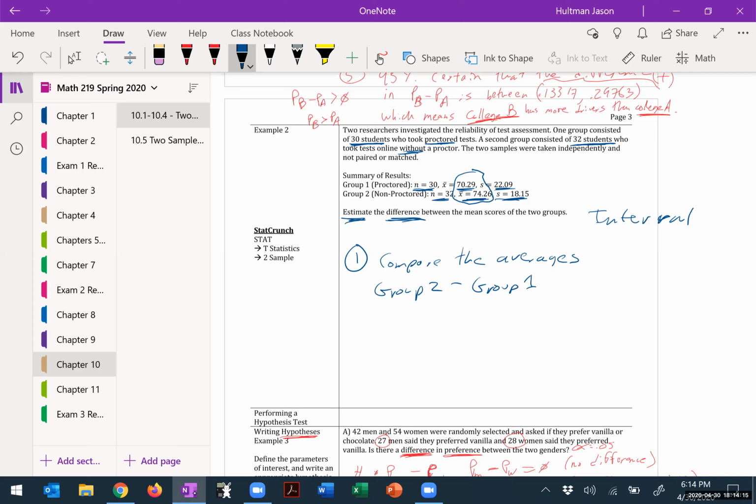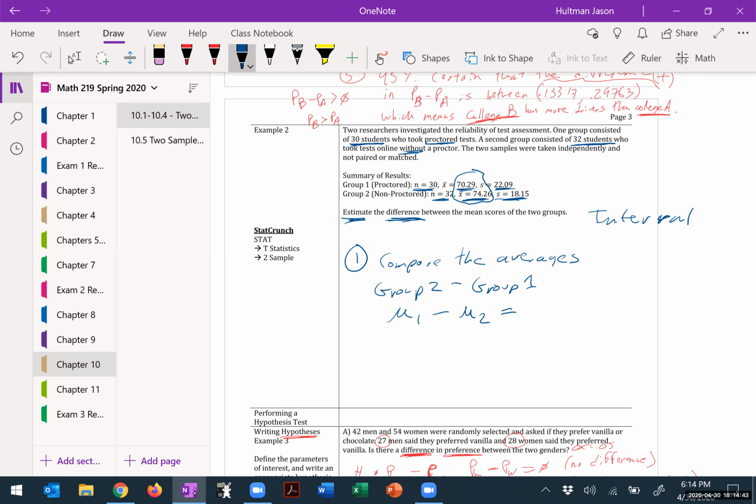Okay, it's easier for me to think of group 2 minus group 1 because that will leave me with a positive result. We're comparing the averages, mu1 minus mu2, and I want to see: are they equal, or is there a difference?